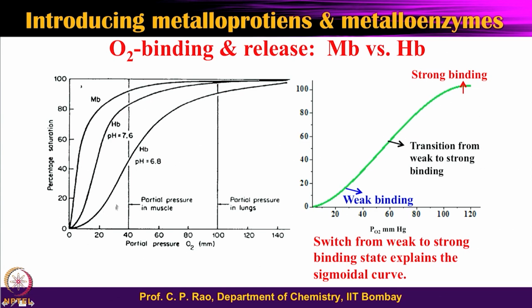If you compare, the hemoglobin curve is exactly like a sigmoidal kind of thing. So, you have a weak binding, you have a strong binding, and there is a transition. Therefore, the myoglobin can only hold the oxygen, whereas the hemoglobin can pick up as well as transport. So, now look at various events that we studied regarding this one.